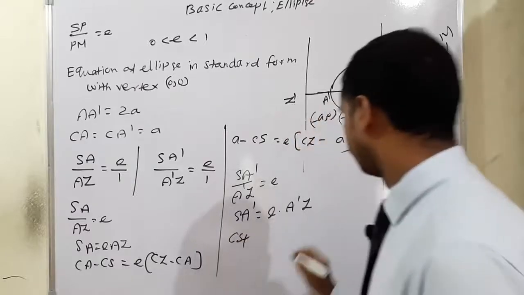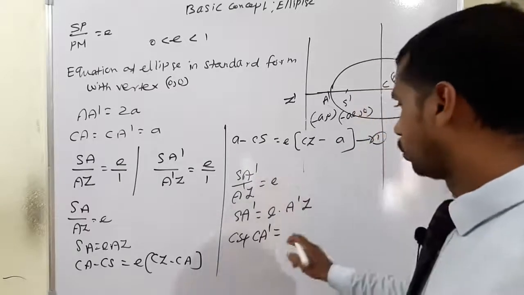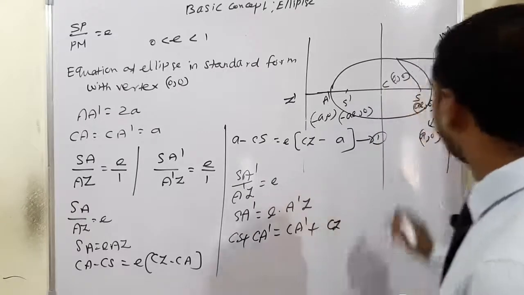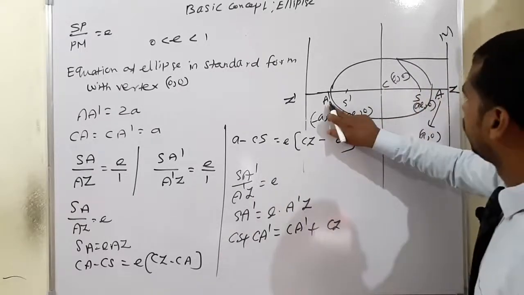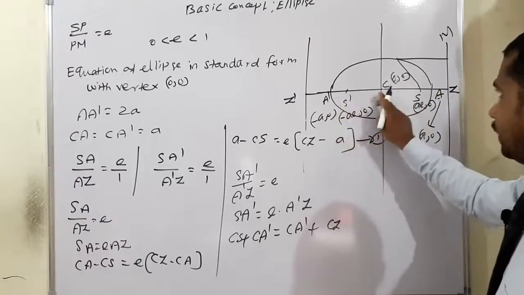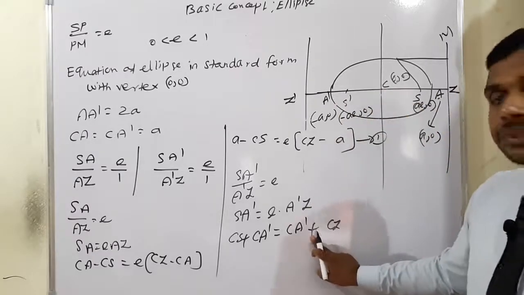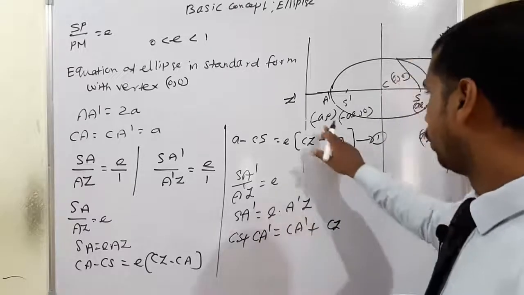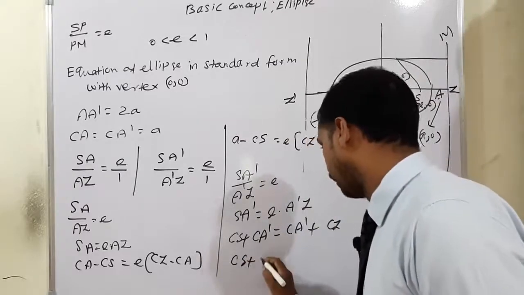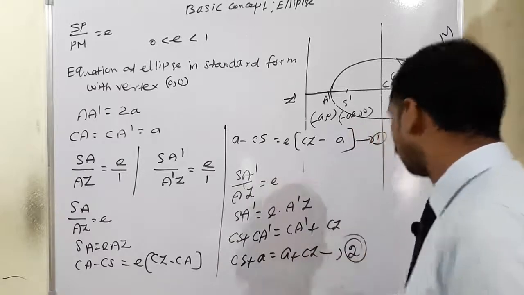So CS plus CA dash is equal to, outside actually, CA dash plus CZ. Look there, this is called A dash Z. This is opposite. Starting from the center, both sides are considered positive, isn't it? One side is C to Z, another side is also from C onwards. That's why I have taken the positive sign. Now look there, CA dash we already know is negative, so negative we have to consider as positive. Therefore CS plus a is equal to again a plus CZ. This is considered equation number 2.